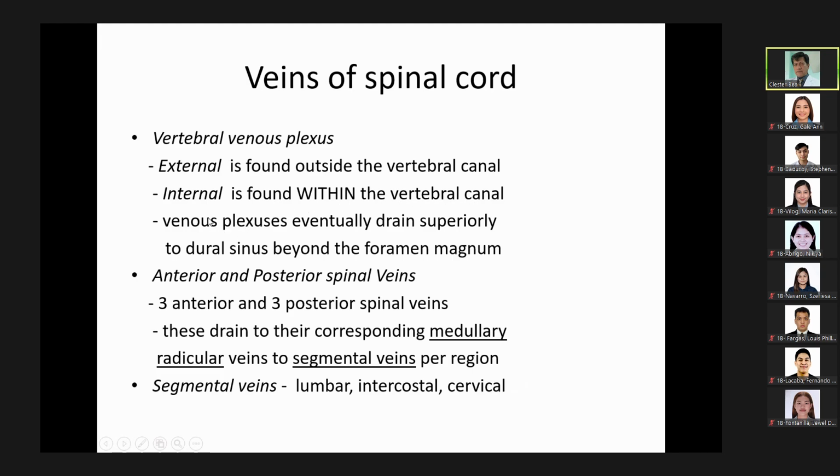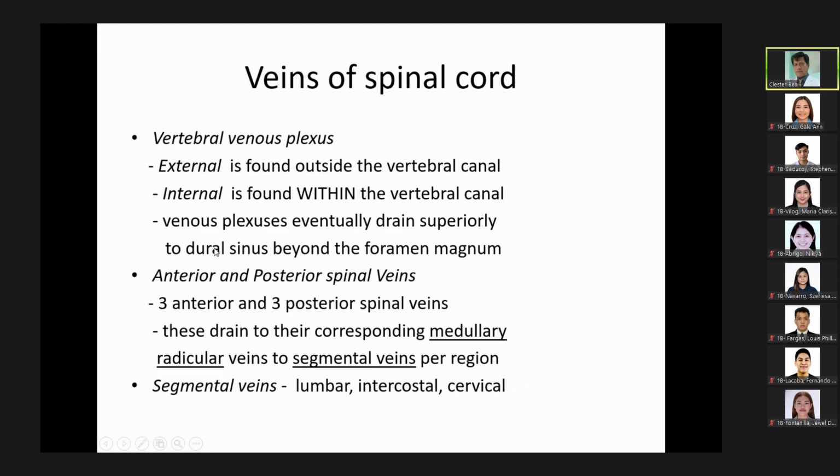Now, although the internal venous plexus is found within the vertebral canal, they are found outside the dura mater, meaning they are epidural in location. Inside the vertebral canal, but epidural or outside the dura mater. Now, the venous plexus will eventually drain upward to the dural sinuses once it has entered the foramen magnum.